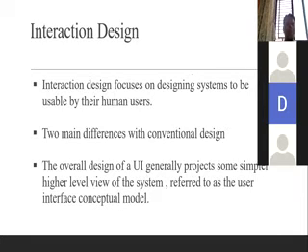Now, the next topic in this PBM scenario is interaction design. Interaction design particularly focuses on designing the system to be usable by the intended users. So it focuses on the design of the user interface part of the system. Interaction design has two main differences from conventional system design.